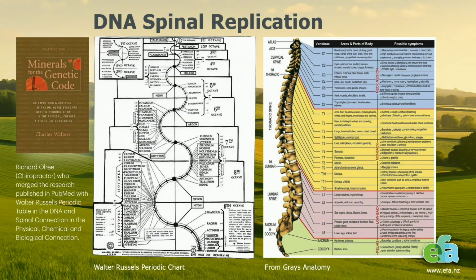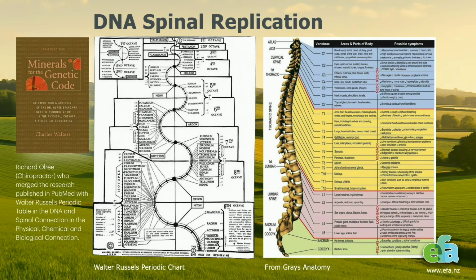We've got the chart now on the left-hand side compared against good old-fashioned Gray's Anatomy, which has been around and never been wrong. It's been updated over a century or two. To this day, what we see in Gray's Anatomy in this example is the spinal column, from the atlas down to the coccyx, and how the different segments from C1 down to L5, sacrum, coccyx, relate to different aspects and innervation into the body.